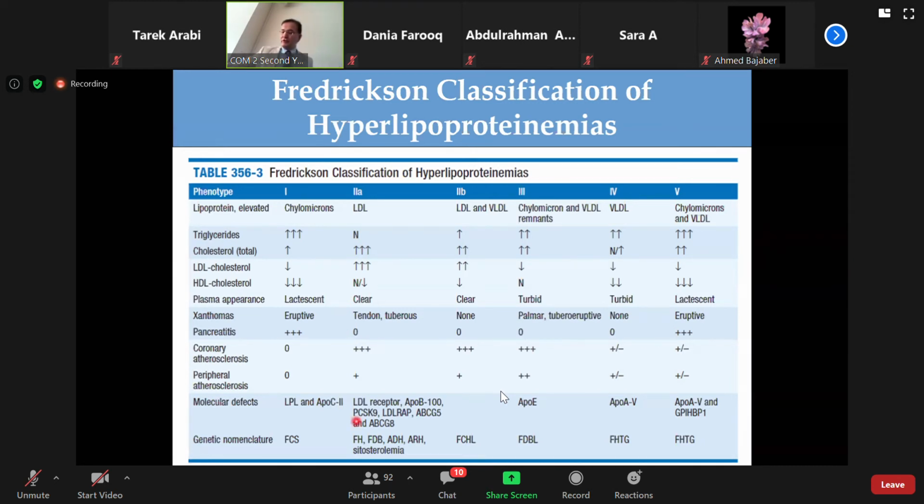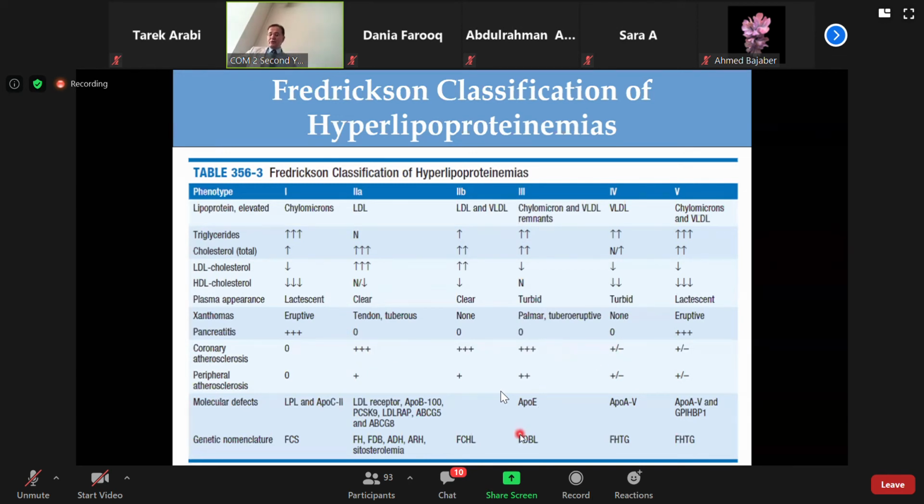So if you look into type 2A, 2B, 3, you'll find the LDL cholesterol increased mostly in 2A, 2B, but to some extent in type 3, you'll see that there is increased atherogenicity for other reasons. But you'll see that it's 2A, 2B, mostly with LDL cholesterol being increased, and this is associated with atherosclerosis.